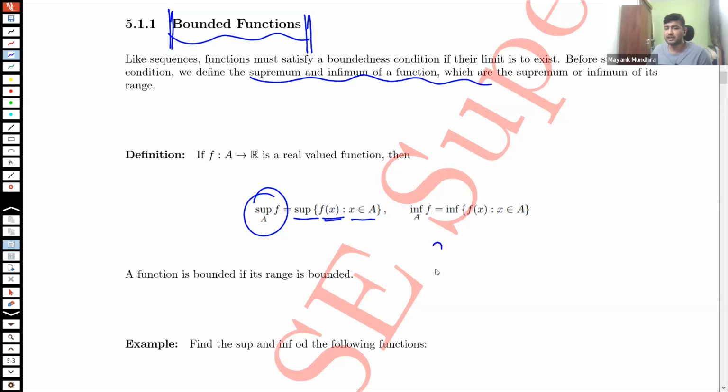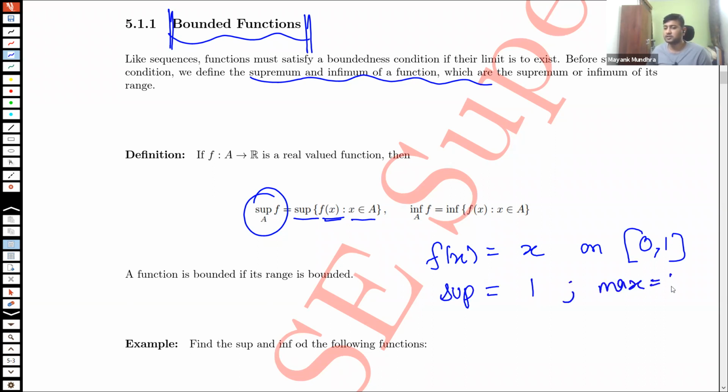Suppose you define a function f of x equals x on the set 0 to 1. The supremum of this is going to be 1, and the max of this is also going to be equal to 1. On 0 to 1, the max happens at 1 and it's equal to 1.